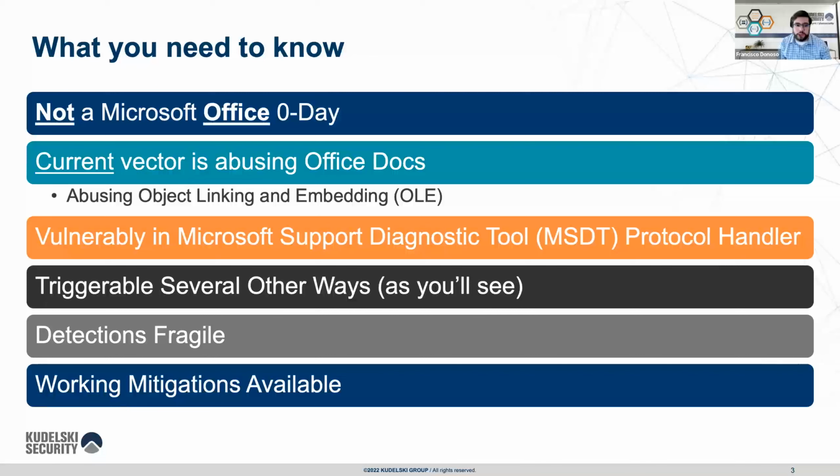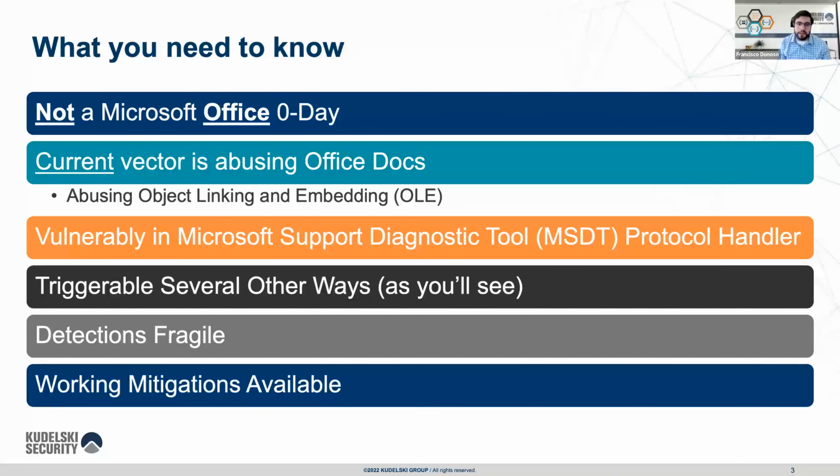The vulnerability actually lies in something called the Microsoft Support Diagnostics Tool, or MSDT. You're going to see MSDT a lot, and we'll talk about what that means in just a second. And as I mentioned, it's triggerable several other ways.